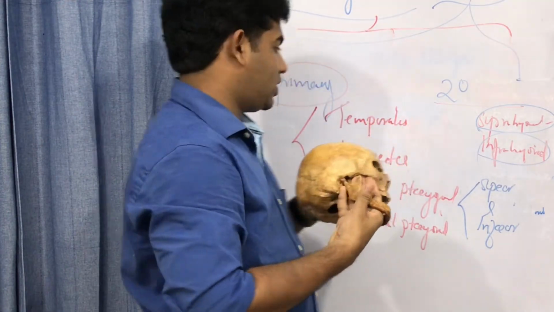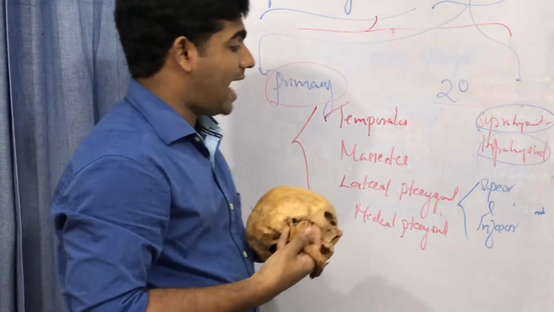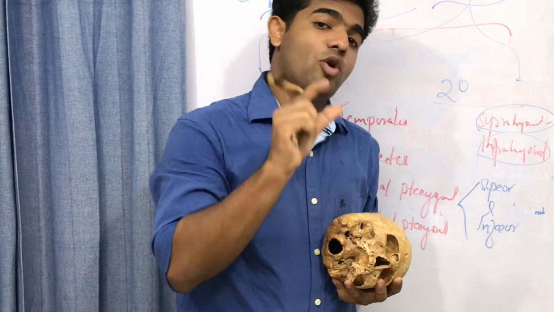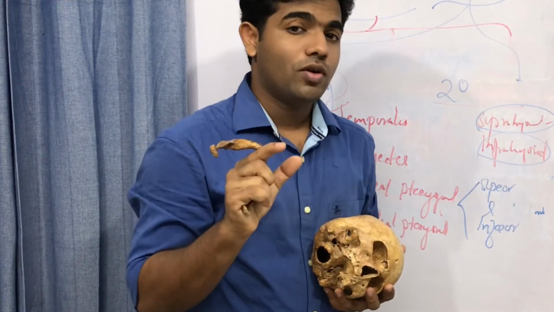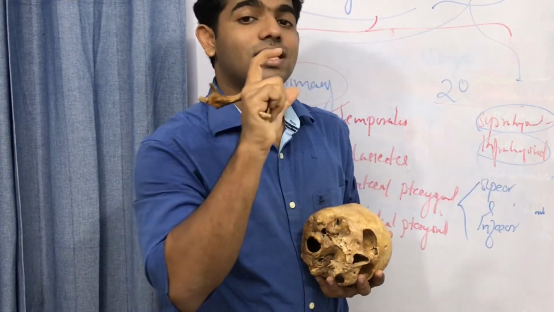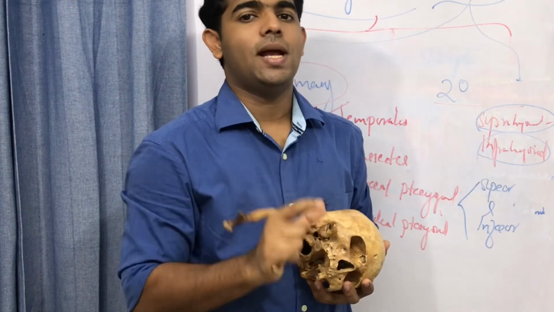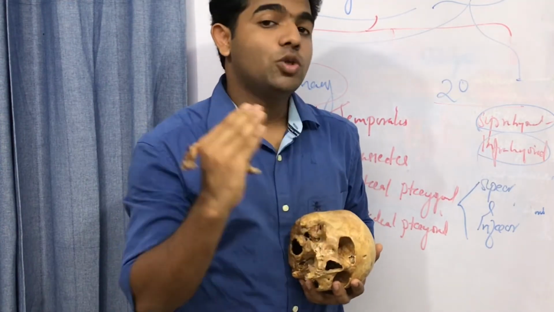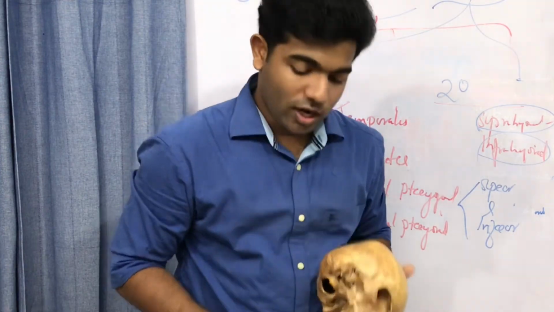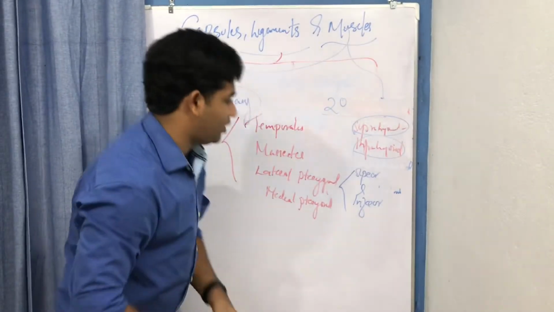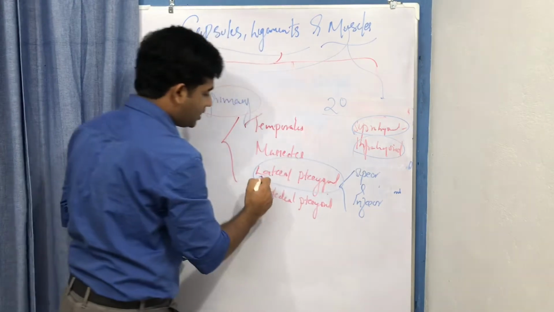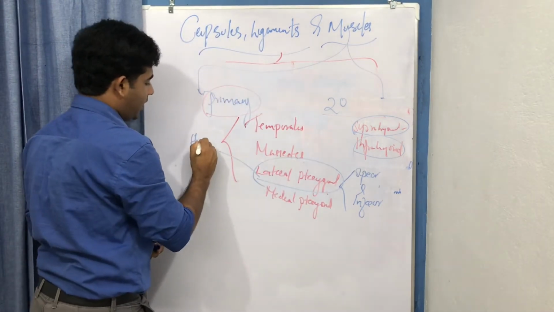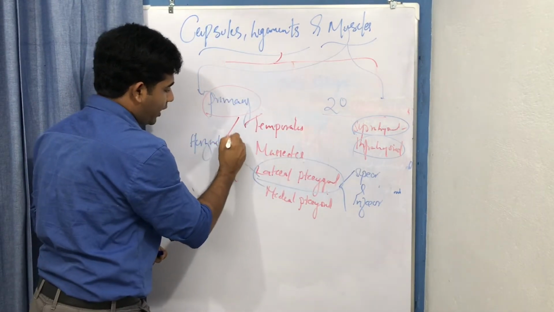Alright, now let us first focus on the lateral pterygoid. The lateral pterygoid muscle is made up of what? Two bands, the superior and inferior band. One of the unique features of this muscle is that the fibers are oriented horizontally.